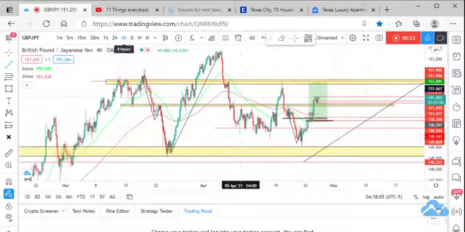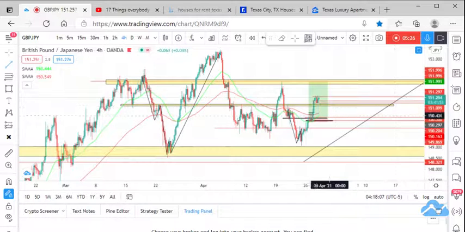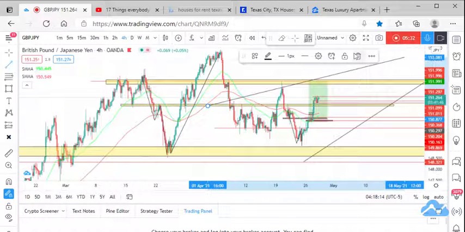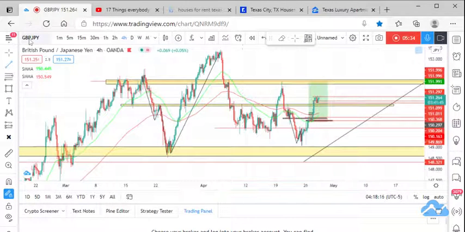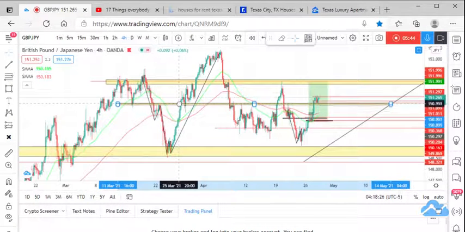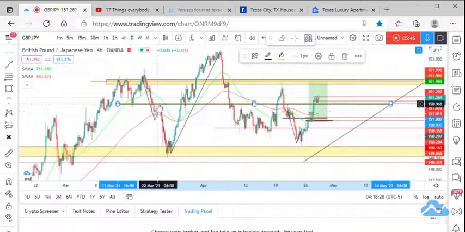So I went from the 4 hour, and mainly on the 4 hour, I'm just setting areas of interest. So I put these zones, like this zone right here, because I got 1, 2, 3, 4, 5 overlap.